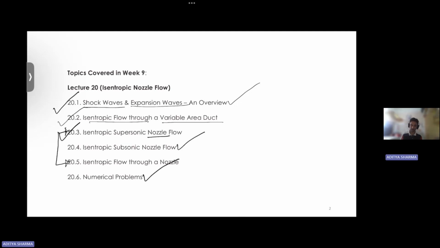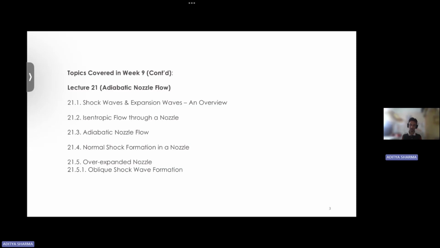So this was about isentropic nozzle flow. And then there is adiabatic nozzle flow, right? In this also, at the start, shock waves and expansion waves are discussed, and after that there is isentropic flow through a nozzle. So these are the previous topics that have been discussed again, just to create a base for this particular lecture.